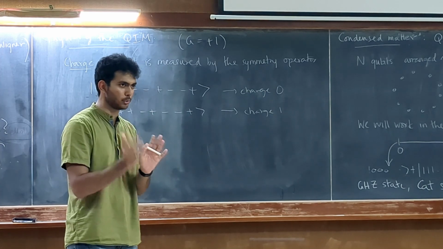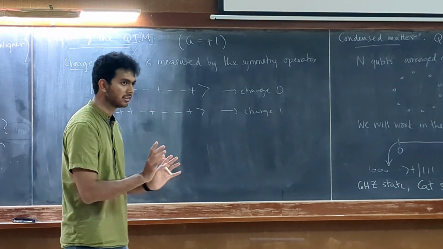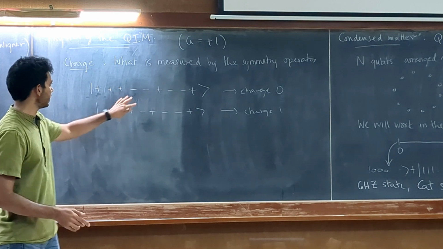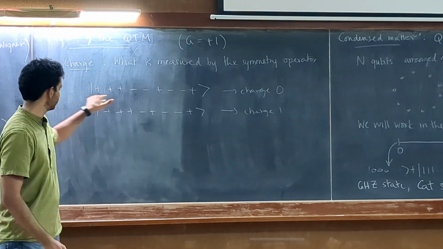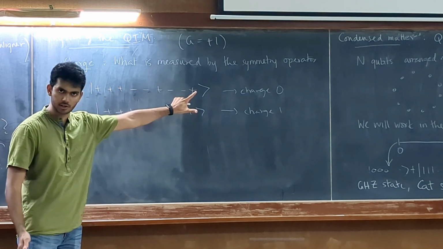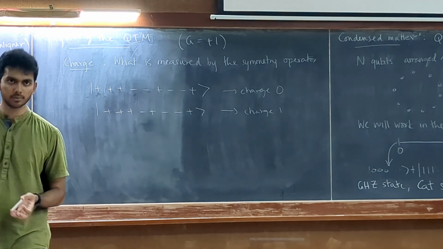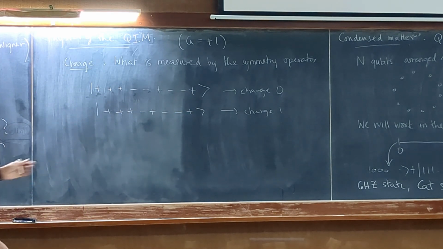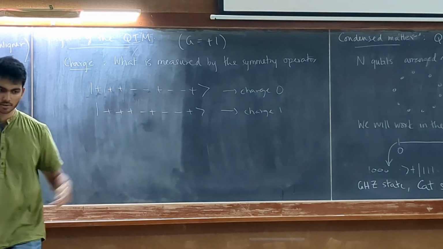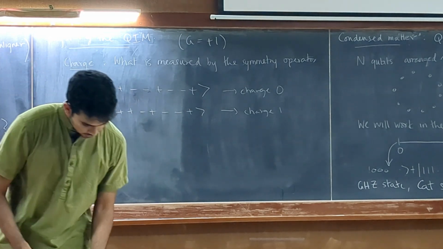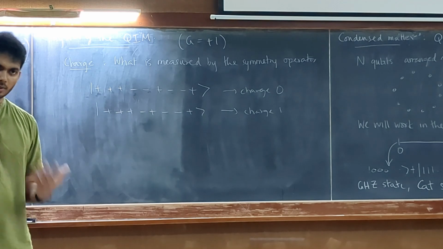I'm just using modulo 2 addition instead of plus 1 minus 1. And the reason I want to do that is I want to count charges. So this thing has 1, 2, 3, 4 charges, but 4 is equal to 0, so it's 0 charge. And this thing has 3 charges, 3 is equal to 1, so it's 1 charge. Okay? And charge is conserved because of symmetry.